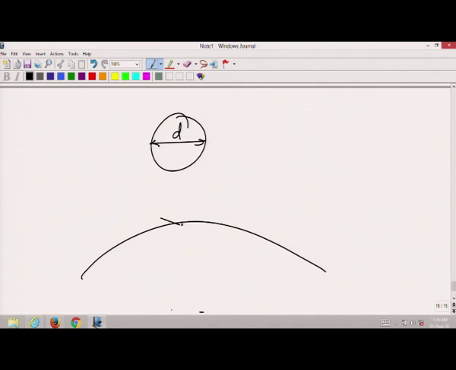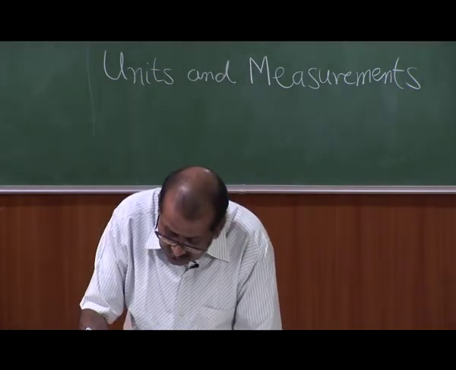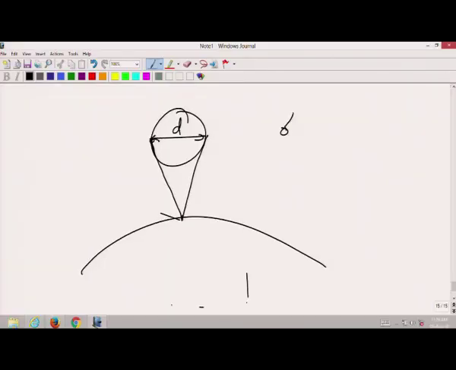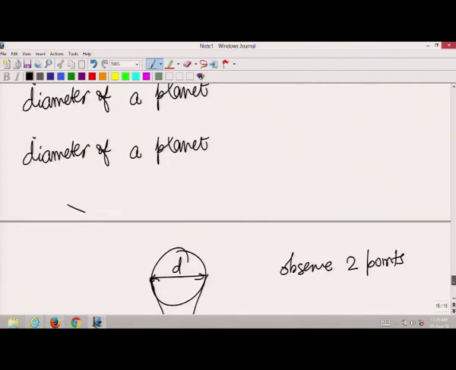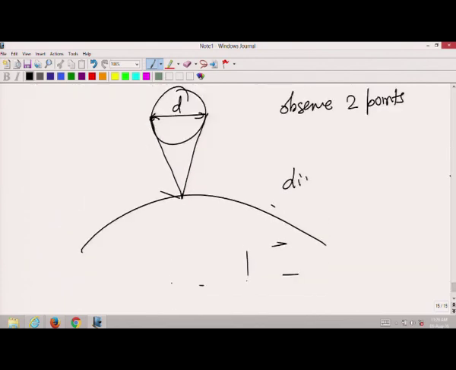So, here what we will do is we will focus our attention on two opposite ends, diametrically opposite ends of the planet. So, we observe two points which are diametrically opposite on the planet.